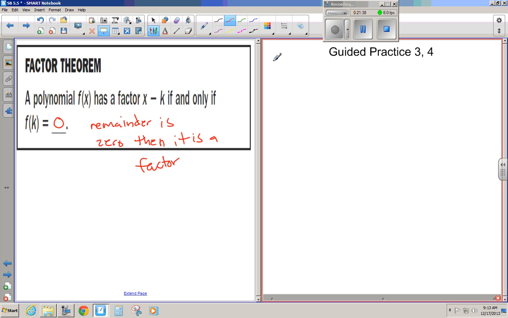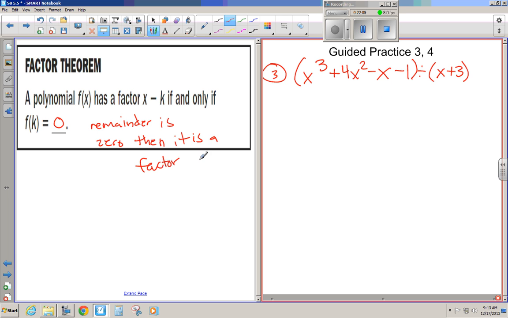So let's look at guided practice number 3. You're going to use synthetic division to do x cubed plus 4x squared minus x minus 1, and you're dividing by x plus 3.